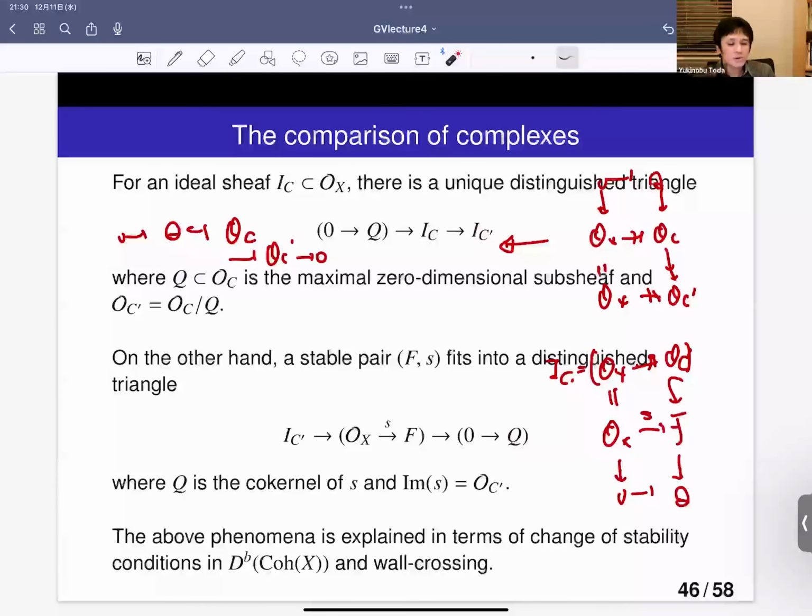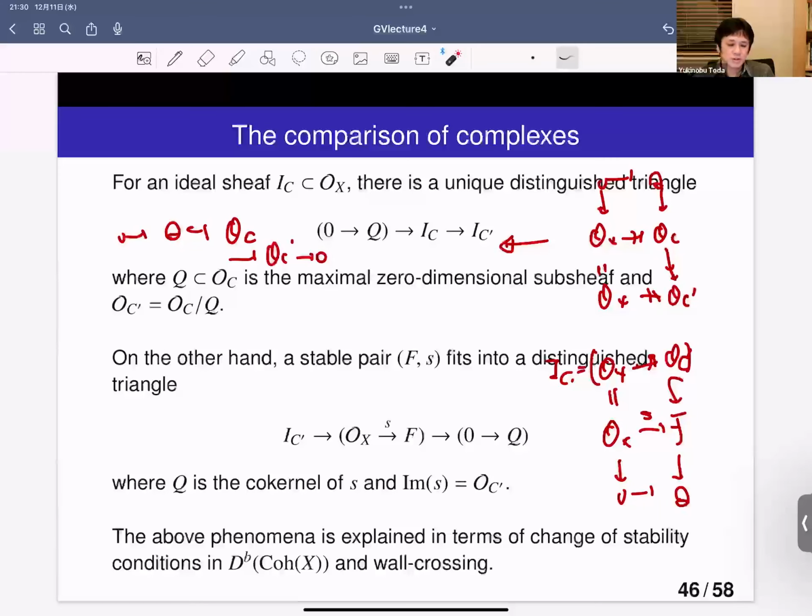So by comparing these, the building blocks of these two theories are the same: such ideal sheaves, whose structure sheaf is pure, and also zero-dimensional sheaves. But the direction of how they are constructed is different. For this ideal sheaf, we have extensions from the zero-dimensional sheaf to the ideal sheaf, and for a stable pair, this direction is different.